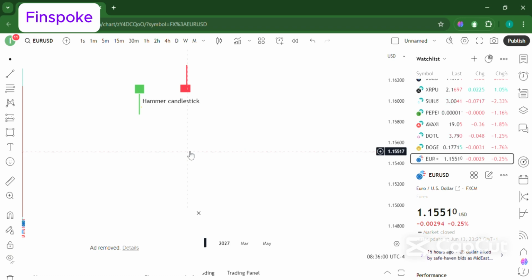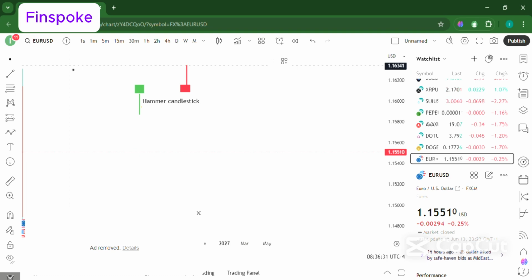Now, the same as hammer. This is hammer. When it comes after the price declined or dropped, the buyer came in and pushed the price back up, and it closed here.